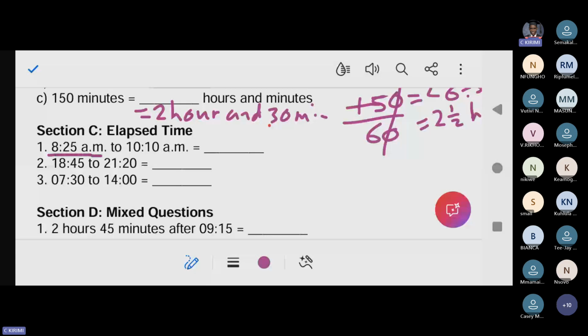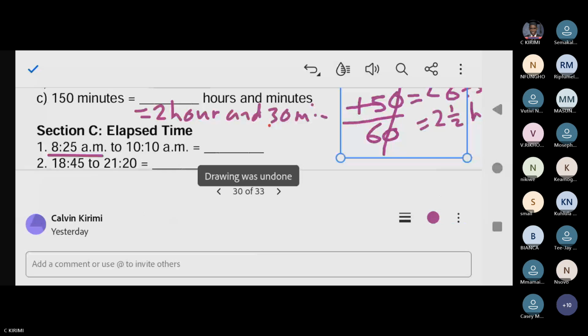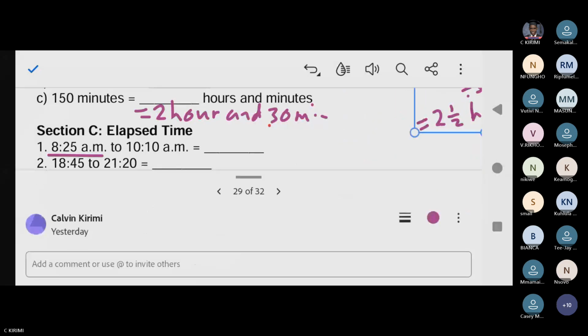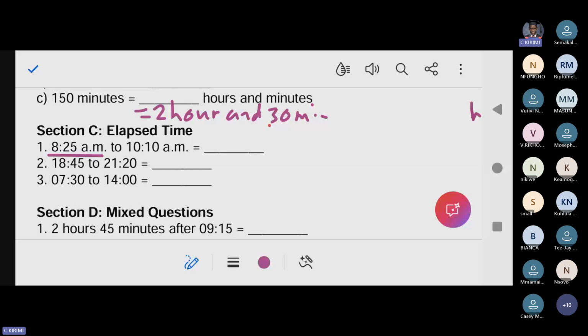So you want to calculate the time that has elapsed. So you subtract. So how do we subtract? We say it's 10 past 10. Then you are subtracting the time which elapsed from 25 minutes past 8 in the morning.